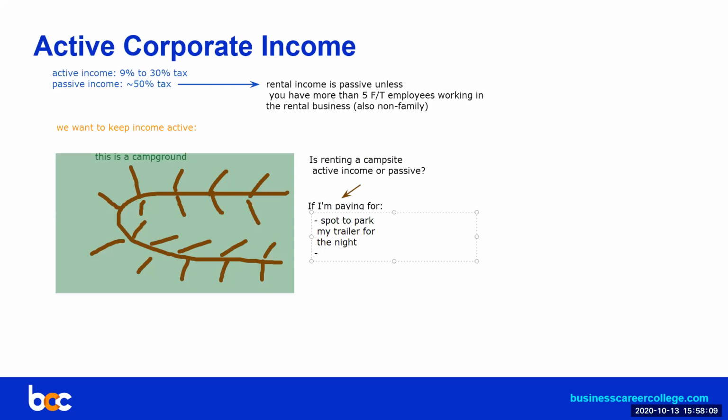I've literally rented a space, haven't I? There's no other services that I'm getting. I'm not paying for anything else except a spot to put my vehicle, my trailer, my tent, whatever I've got overnight. So generally speaking, if a campground wants to be considered active, it has to offer more than this. You can't just be charging people for the use of the space.